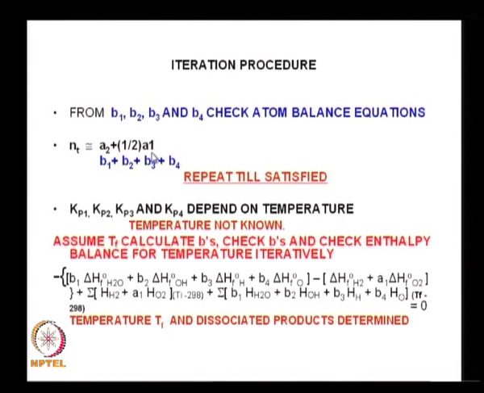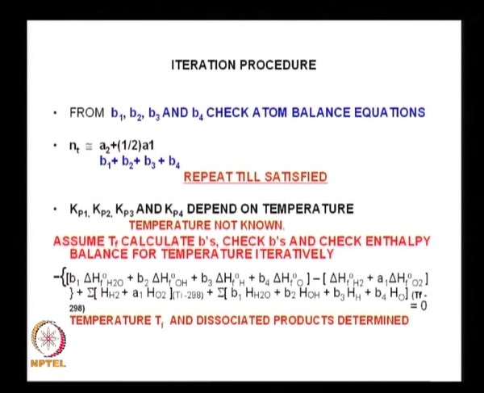If this is different, I assume the new value to be the total number of moles and redo the calculations till B1, B2, B3, B4 converge, and that will be my final value of the number of moles of H2O, OH, H and O.